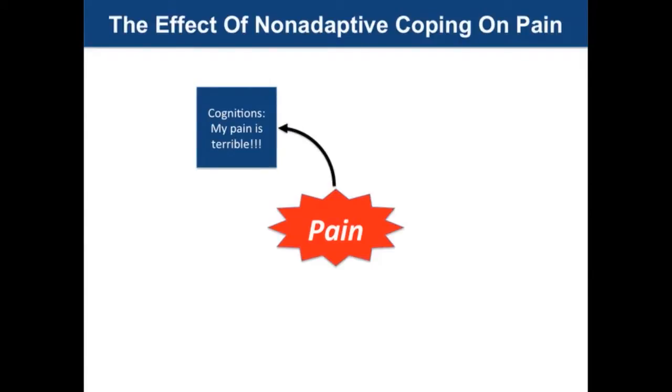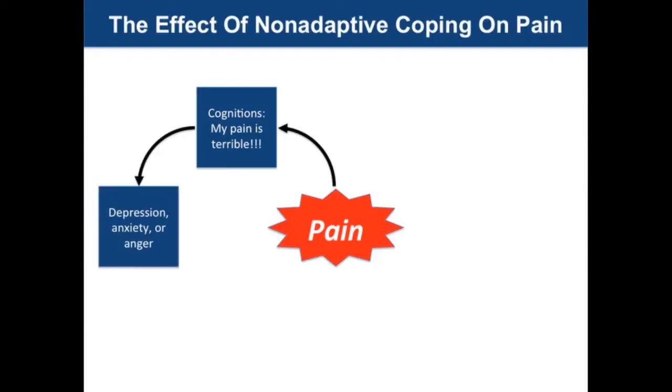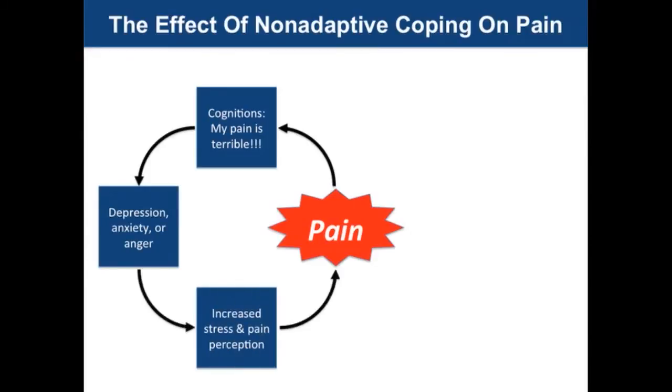Now, when you think in a catastrophized manner, you're more likely to have an affective response like depression, anxiety, or anger. But what we know is that intense affect also tends to increase your stress level and pain perception. And so as your pain goes up, then you can catastrophize even more. And this leads to a downward psychological vicious circle, where the worse your pain gets, the more you catastrophize, the more you catastrophize, the worse your pain gets.